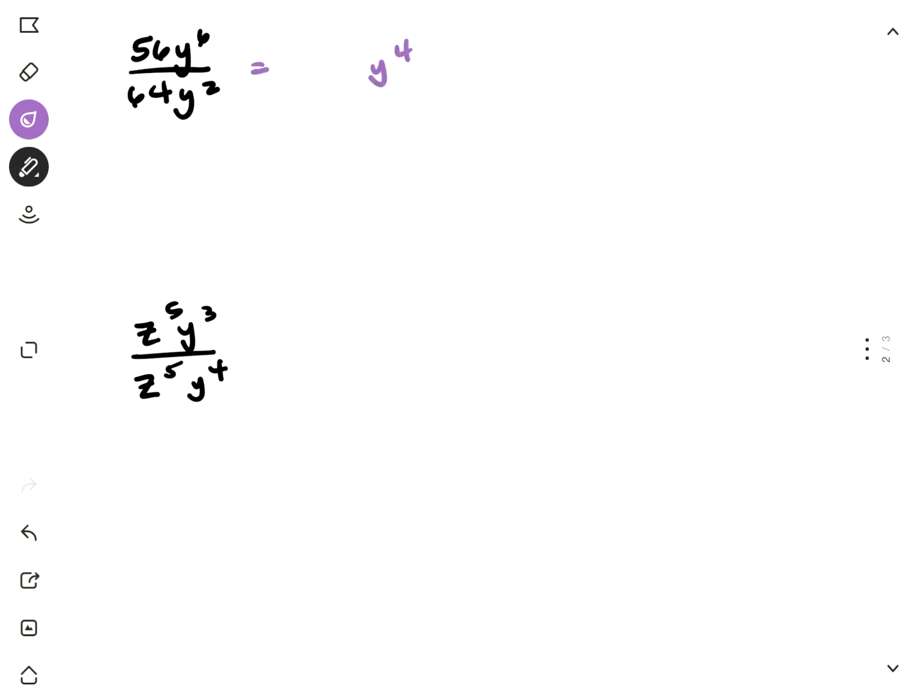And then we can simplify this fraction again. They're both divisible by 8. 56 divided by 8 is 7. 64 divided by 8 is 8. So we get 7/8 y to the 4th. Also acceptable would be 7 y to the 4th over 8. Those are the same thing.